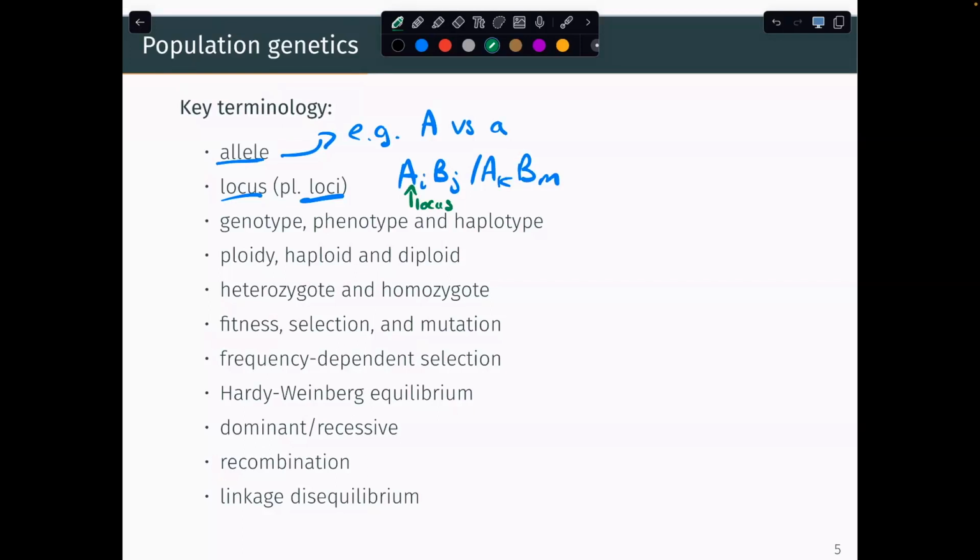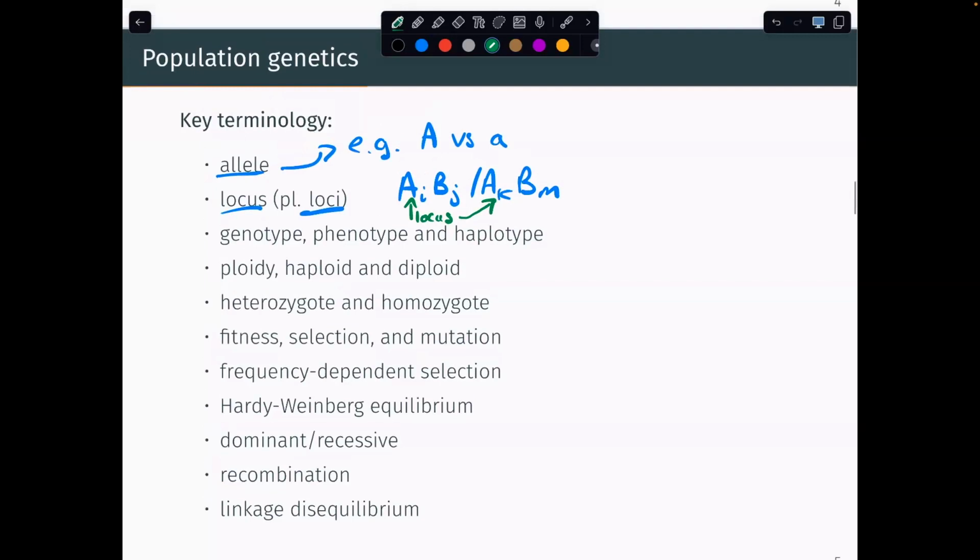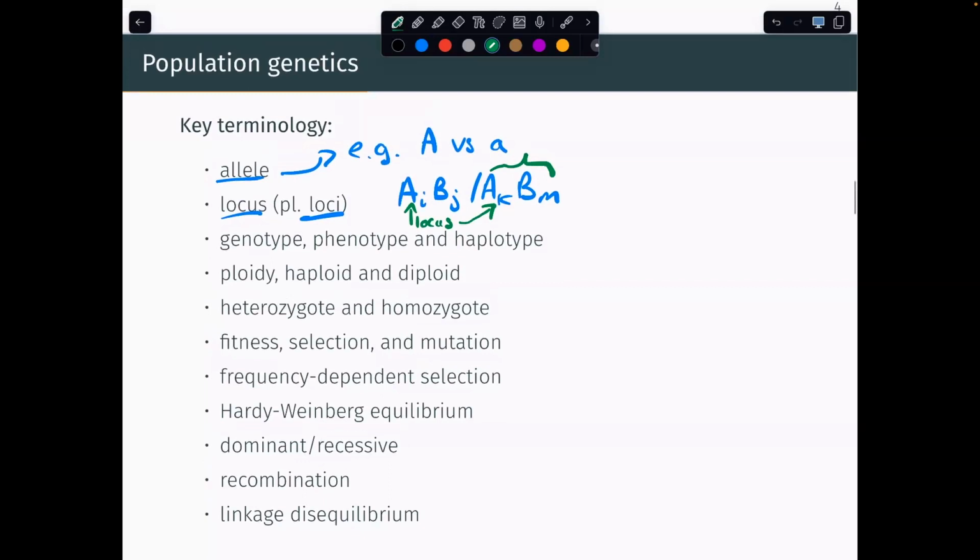Note, because this individual is diploid, this same genetic locus appears in two locations within the genotype. This slash here is indicating that this individual is diploid, so they have two copies of each chromosome. So although this is a single genetic locus, this is the same locus here. Whereas if I was to refer to the A and B loci, then this would be plural loci. Is that clear?